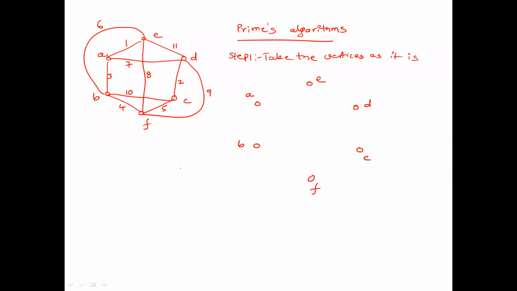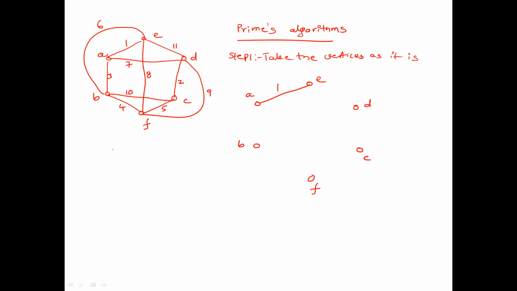Then your next step is you take the first minimum edge, straightforward. What is the minimum edge here? Can anyone respond? A, E. So you take first the minimum edge, that is AE, put 1. So this is step 1.